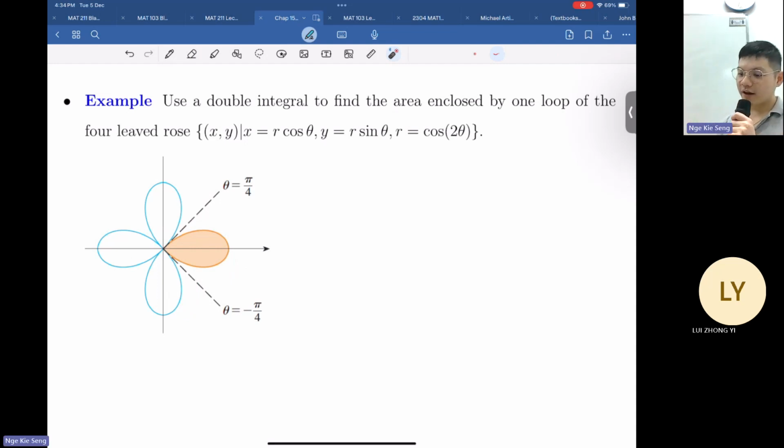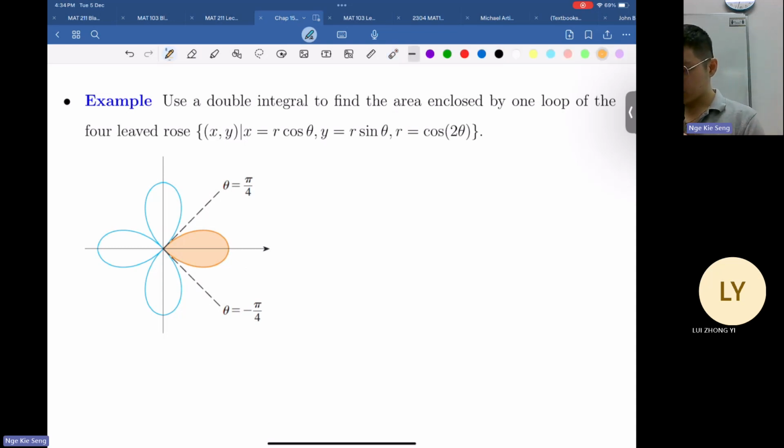So how to find the area enclosed by this loop here? It says area, but double integral computes what? Volume. So how to reduce the volume to an area? Remember? How to get the area of a domain from a volume?